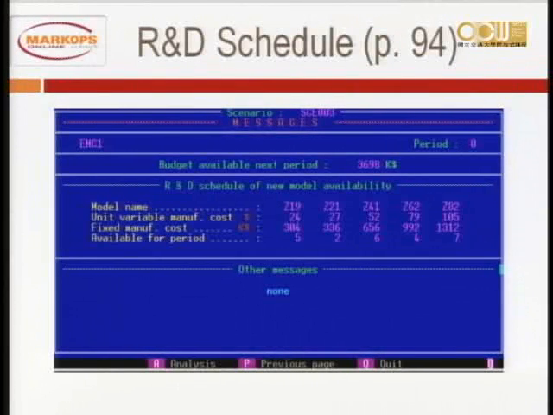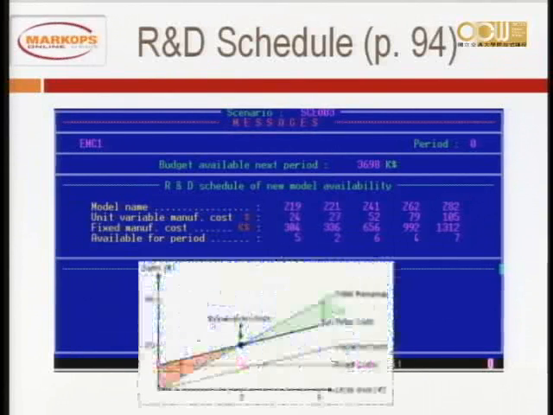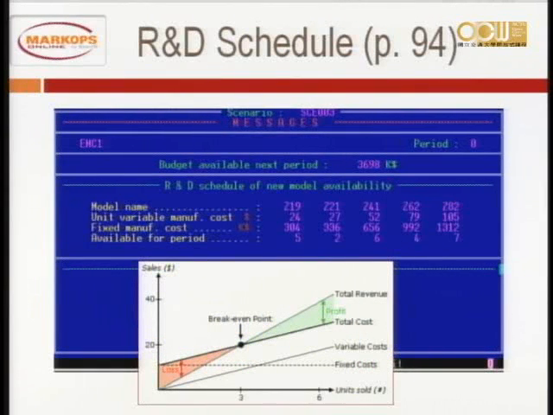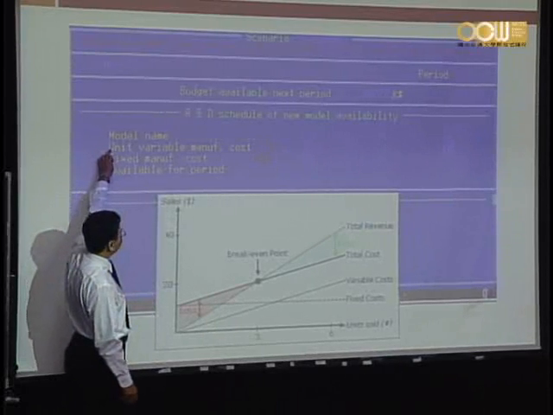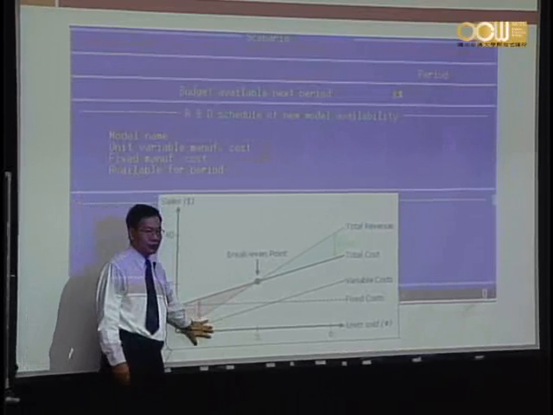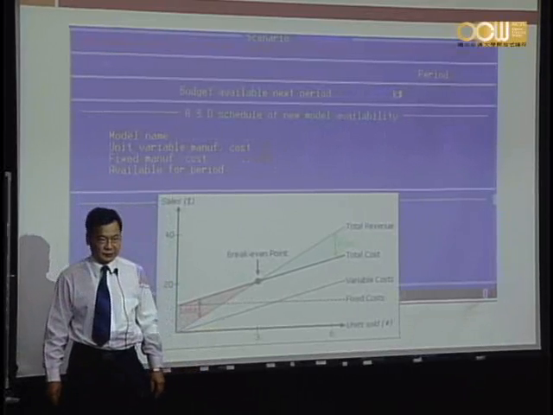And these are the schedules I showed you before, okay? These two numbers, unit variable cost and fixed cost, go back to this chart. Let me repeat again. These two pieces of information are useless by themselves. These two pieces of information help you to make a decision for the price.